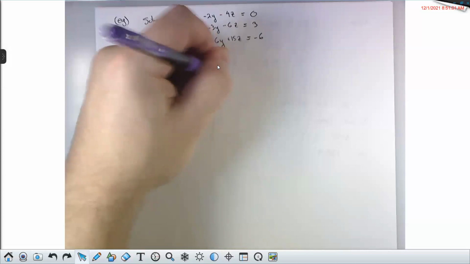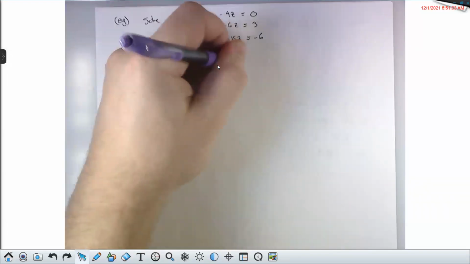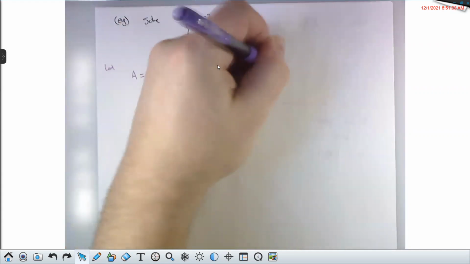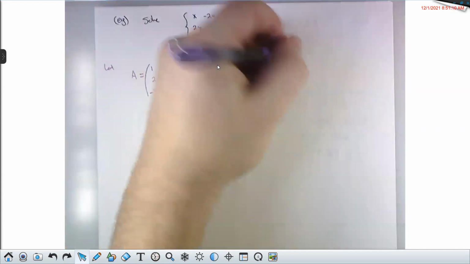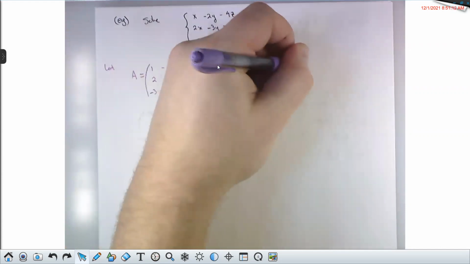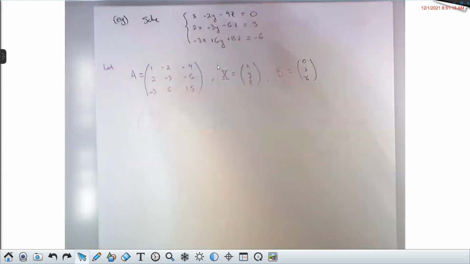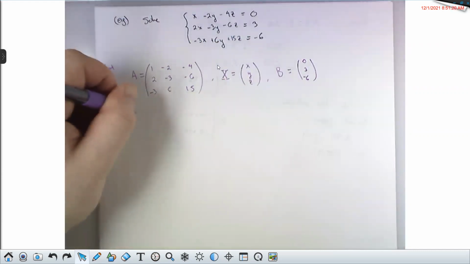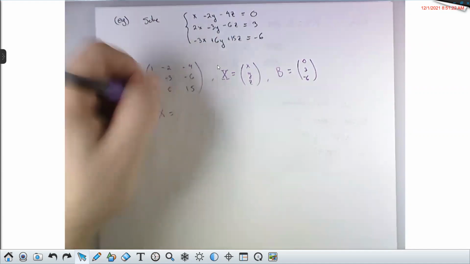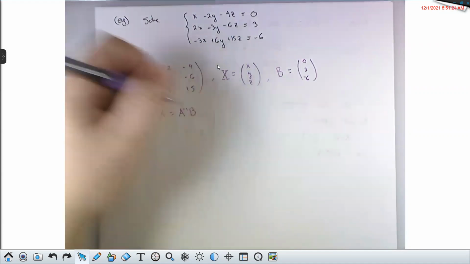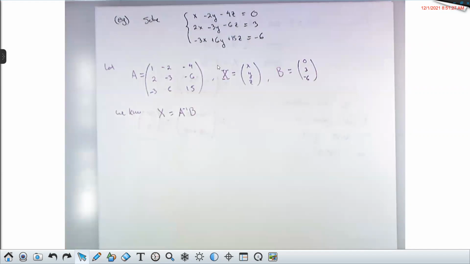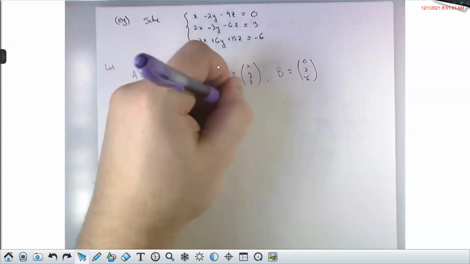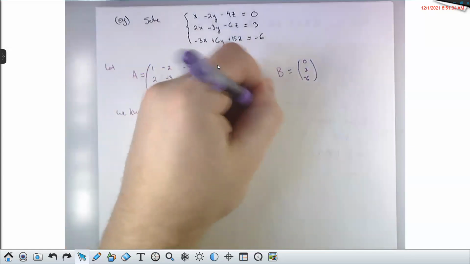Let X be the column of variables, little x, little y, little z, and let B be the column of right-hand sides, 0, 3, -6. And we know that X is going to be A inverse times B. So we're going to find A inverse.